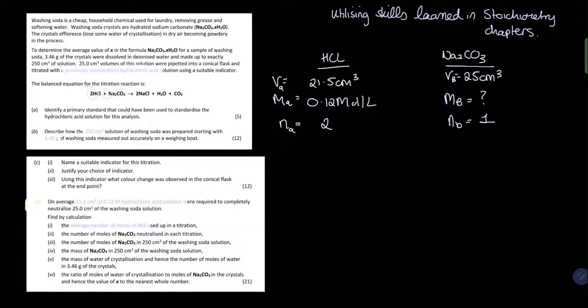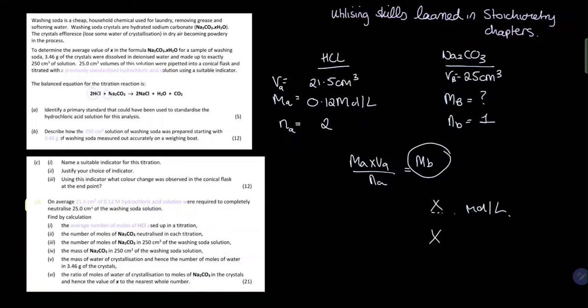So you might be thinking, why don't I just straight away use this MA by VA over NA formula with the associated base values? It's because if we do that, we would get an answer for the molarity of the base to be something moles per litre. Now you can work your way down after you get, let's say, a number for the moles per litre.